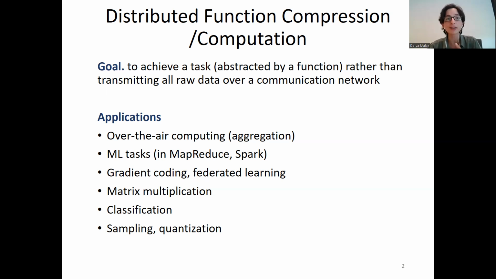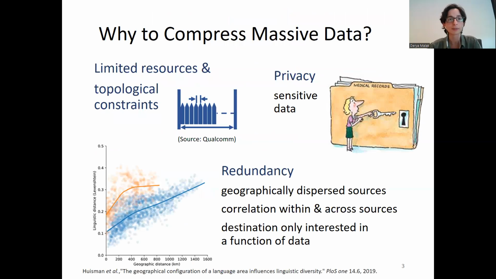But in this talk, I only focus on the compression or computation problem over a physical network, which has some constraints. And why do we want to compress data? First of all, when we want to compute a task in networks, we generally have limited resources.